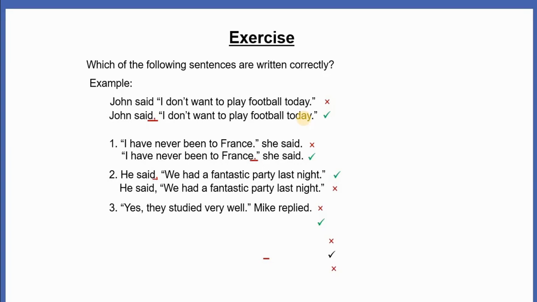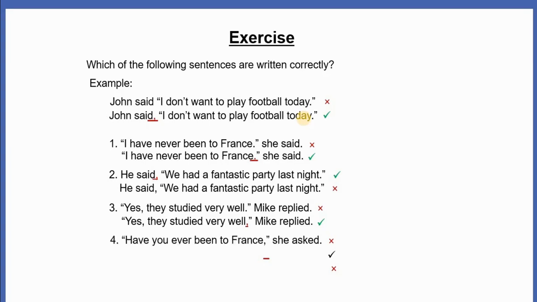"Yes, they studied very well," Mike replied. So which sentence is correct? The answer is the second sentence is correct. And question 4. This is the last question. "Have you ever been to France?" she asked.